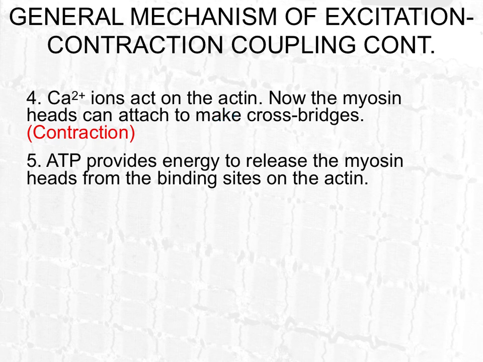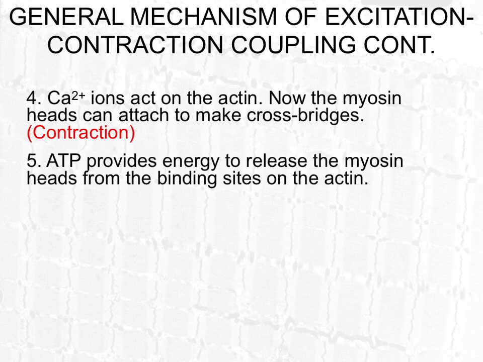We're going to talk about actin and myosin when we talk about the sarcomere on Monday. So calcium ions act on the actin. Myosin heads attach to the actin, so they bind together, and then the muscle shortens. So that's the contraction step.